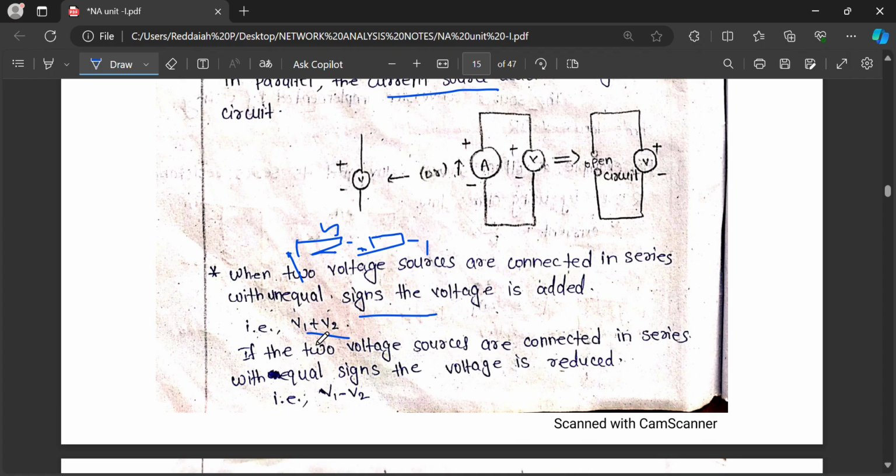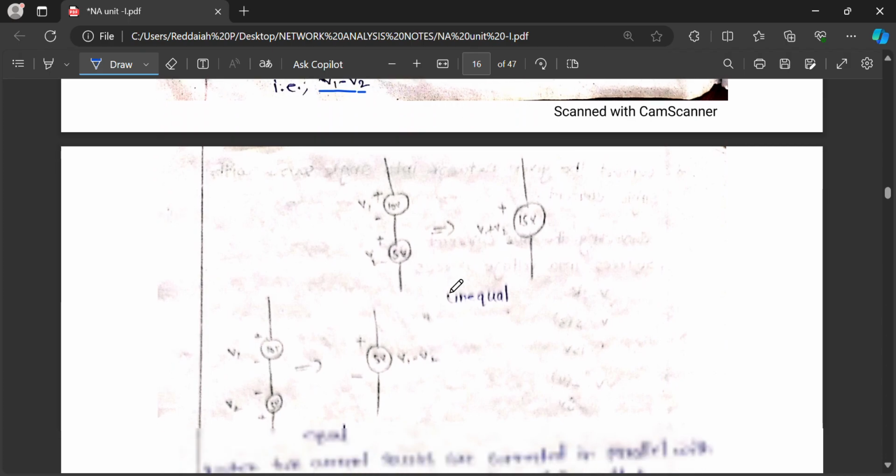With equal signs, the difference will be considered, subtraction will be there. If two voltage sources are connected in series with equal signs, the voltage is reduced, V1 minus V2.